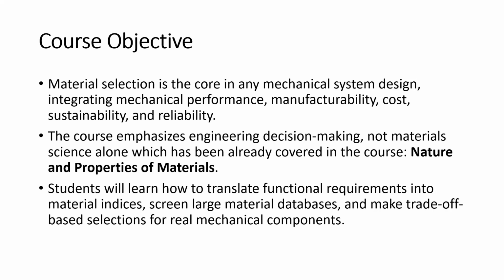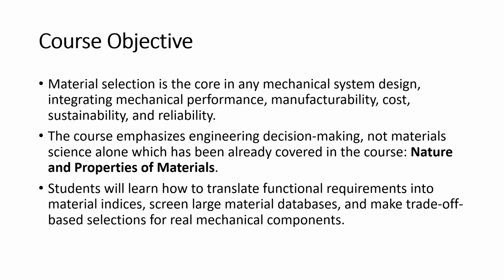There are three main objectives of this course. The first is that material selection is the core in any mechanical system design. Any mechanical system you want to plan for, develop and manufacture, you need to have some idea about the materials that you will be using for the particular product.